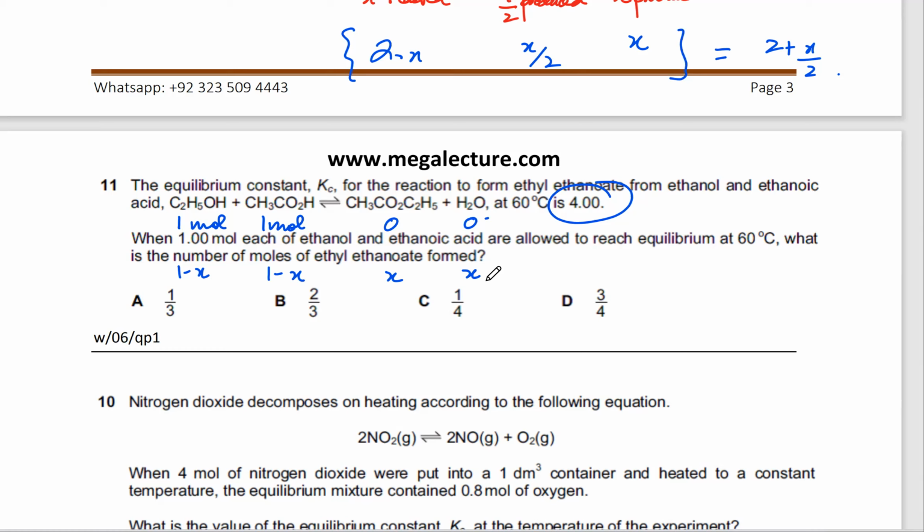But if you add that up, you get 2. Or do you not have to equate? No, you're not going to add them up. What is the Kc expression? That's going to be x squared over (1 minus x) squared, right? Your Kc value is 4, they've given you the value of Kc, right?